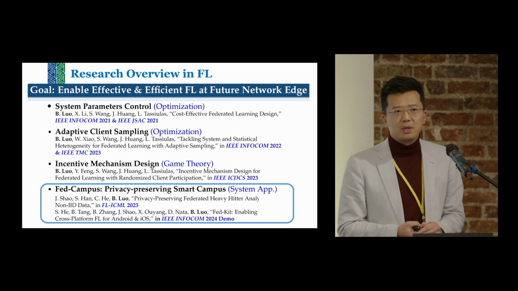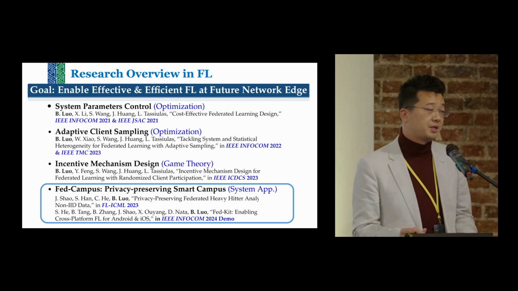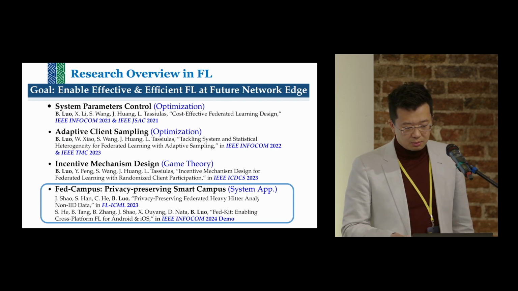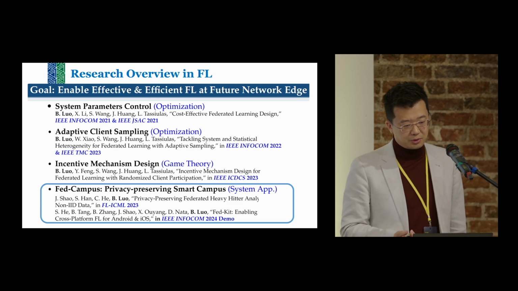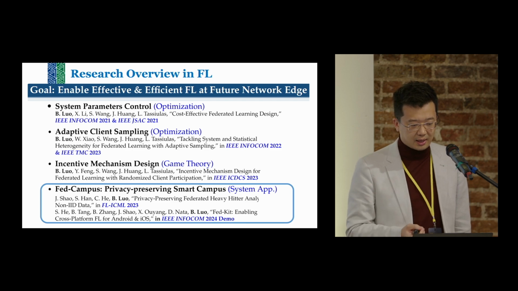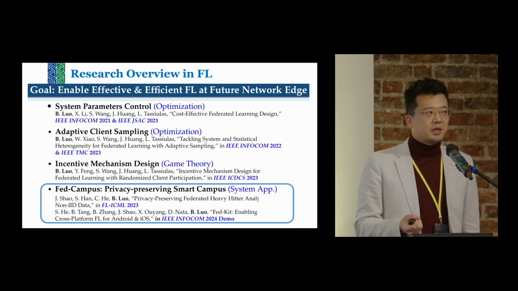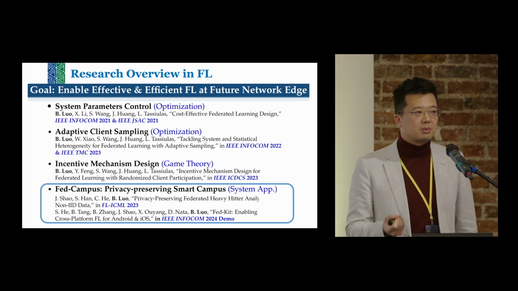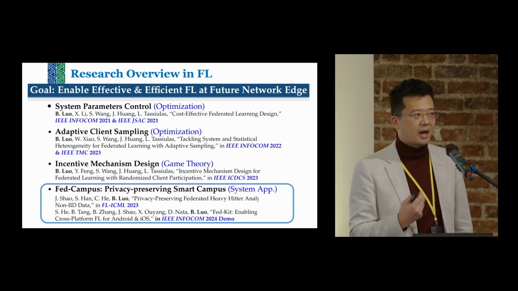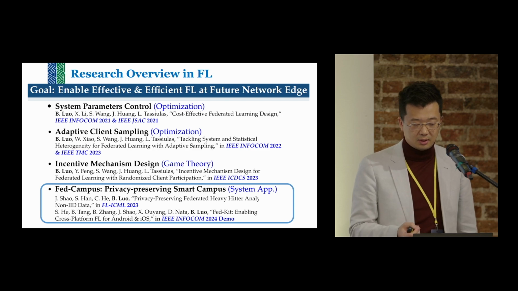Here, efficient means both time efficient and also energy efficient. Some of the works use methodology like optimization from system parameter control to make sure when you deploy federated learning algorithm, you can achieve both time efficient and energy efficient design.